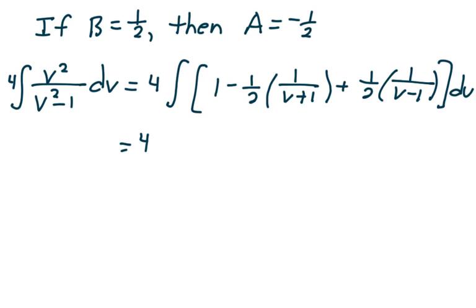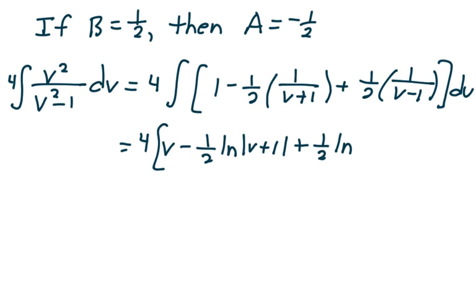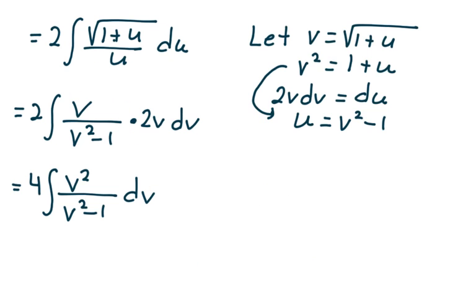And so this is 4 times, we're going to get v minus 1/2 natural log of v plus 1 plus 1/2 natural log of v minus 1 plus c.